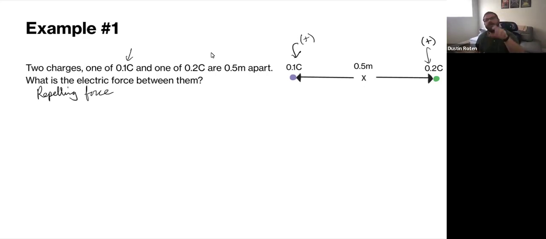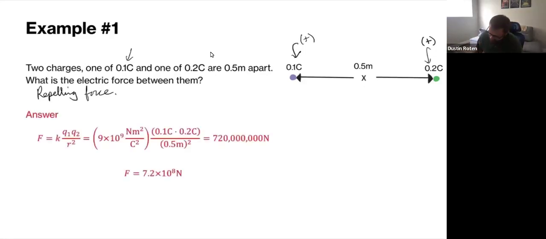But now let's calculate how strong that is. And we can do that with our equation we've been using. Okay, so we know that the charges Q1, Q2, we have those. So we know what Q1 is, we know what Q2 is, right? We can plug those in right here, Q1, Q2.